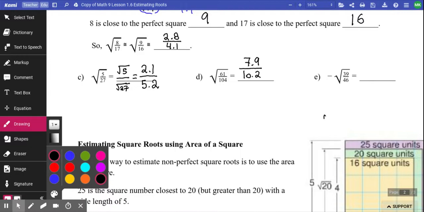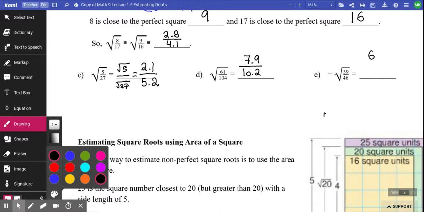Next one. What do you got? I did 6.2 or 3. 6.2. I like it. Divided by? 6.6 or 7. 6.7. I like it. The way he got that, 39 is close to 36. The square root of 39 should be a little bit more than the square root of 36.